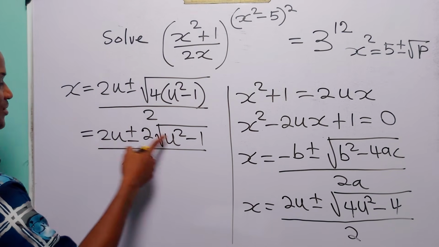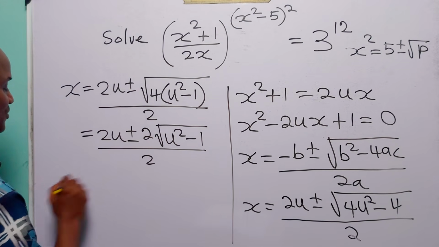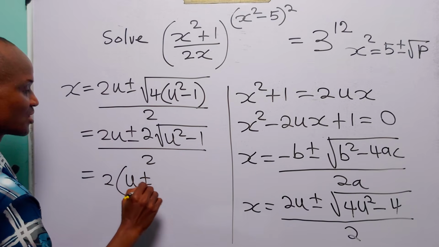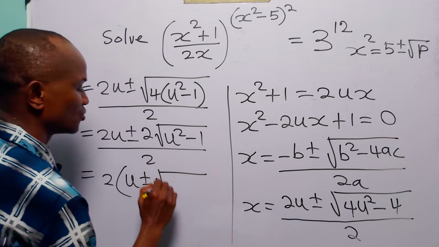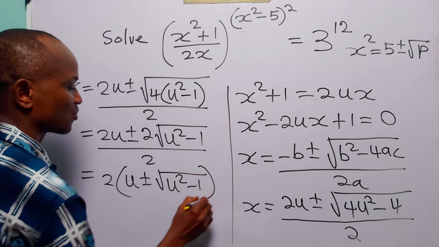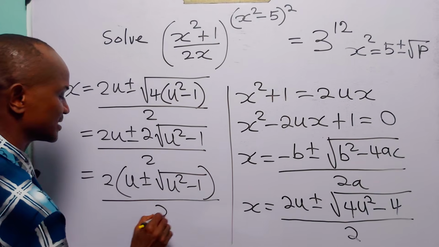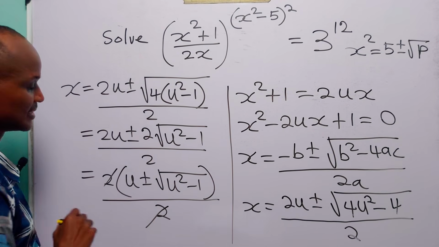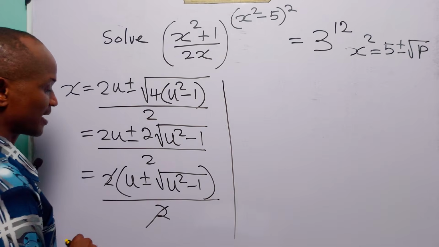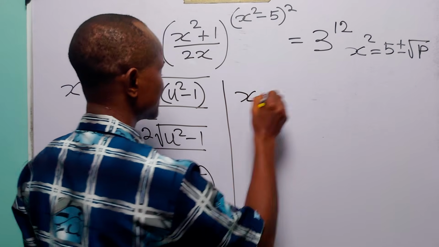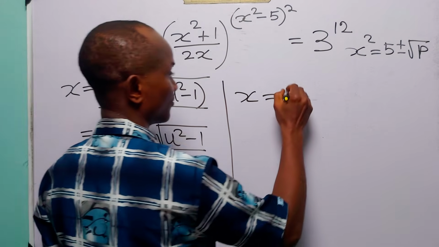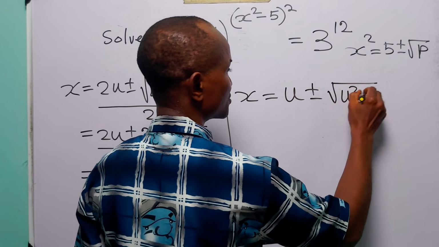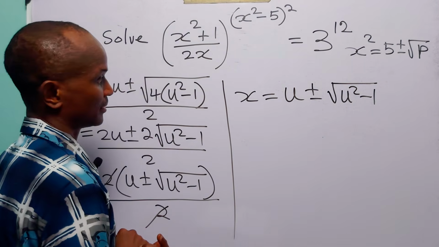Now, when you look at these two terms, you'll see a common factor, which is 2. So here we have 2 into u plus or minus root u squared minus 1, and everything is divided by 2. Now we can cancel these two. And from here we have that x is equal to u plus or minus root u squared minus 1.